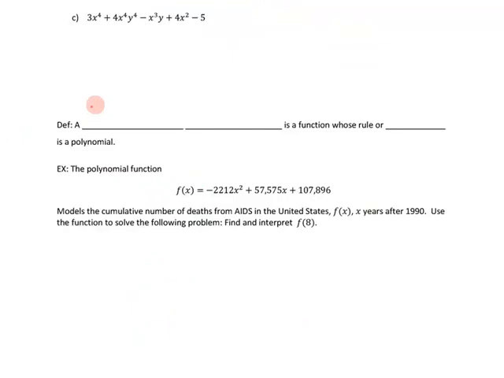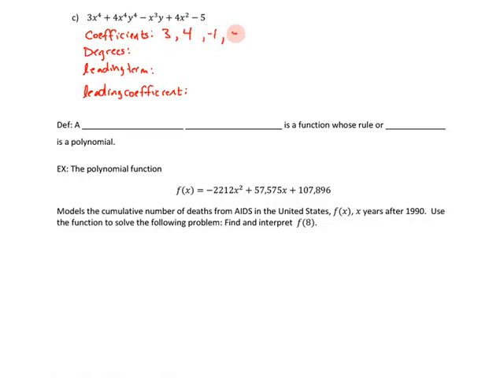Same thing on this one, so let's put down what we're asked to find. The coefficients will be 3, 4, -1, 4, and -5. Right? 3 here, 4 here, -1, +4, -5. The degrees of each term we can find by adding the exponents.